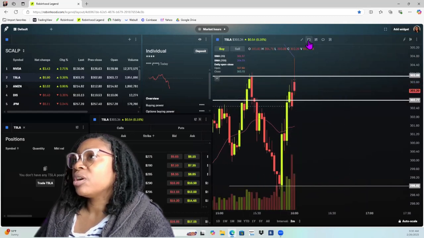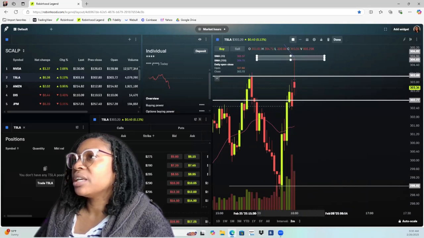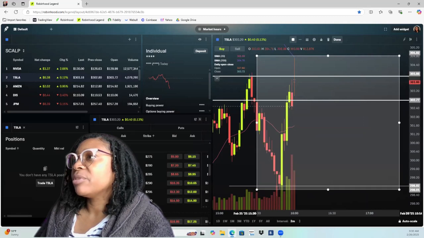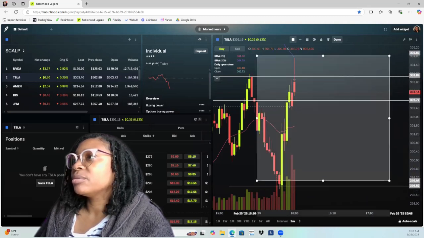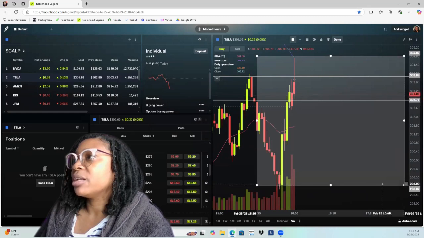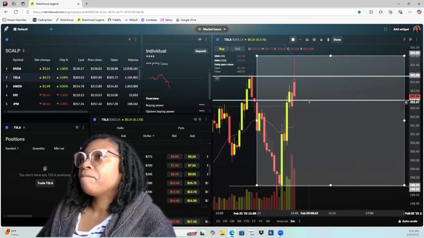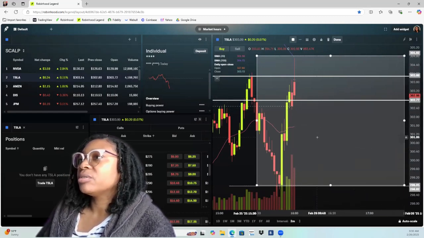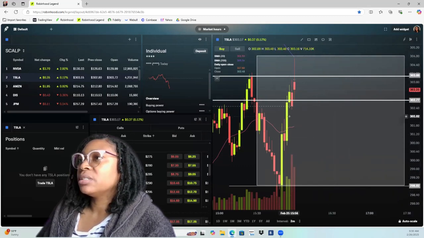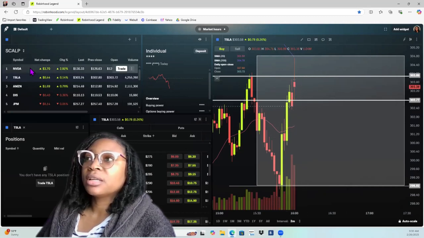So when we draw our square around everything, we have to make sure that it catches that line up there. All right. And so now this is our Fab 4 zone here that we're going to be monitoring. So right now, it's in the Fab 4 zone. I'm not going to do anything with this one just yet. I'm going to wait to see if there is a pattern.